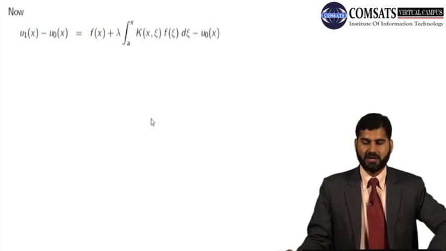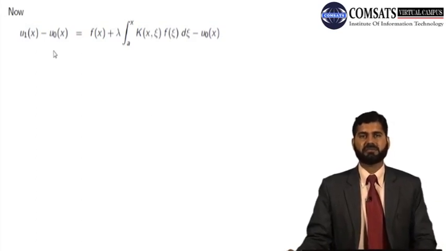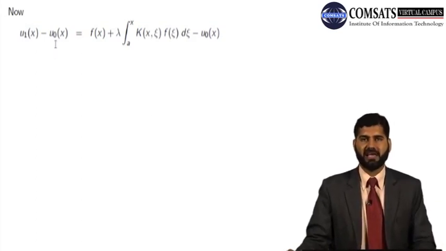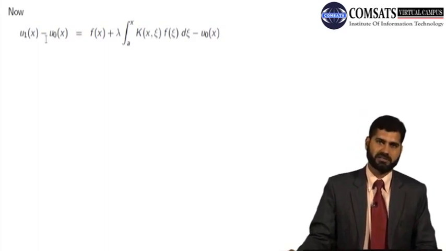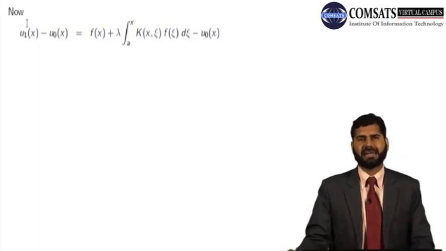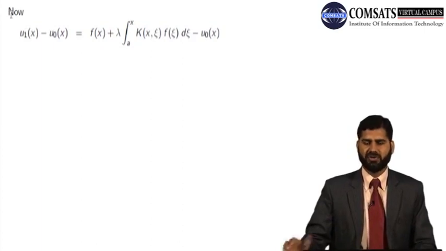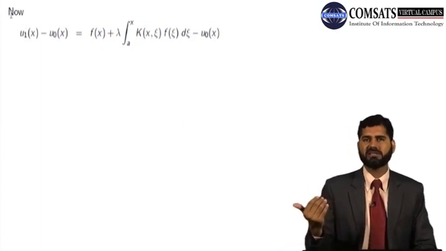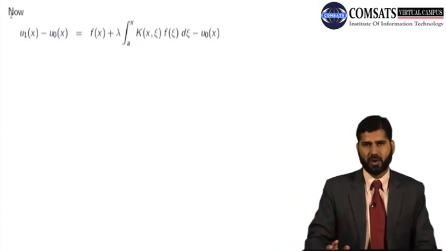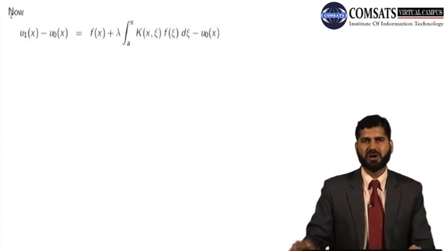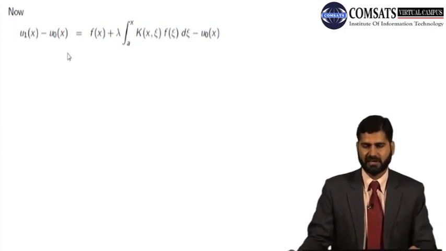Now, if you take the difference between these two approximations, let's say u1 minus u naught, you want to find the error. You took the first guess as u naught, you updated it to u1, and there will be some difference between u naught and u1. So we are calculating that.